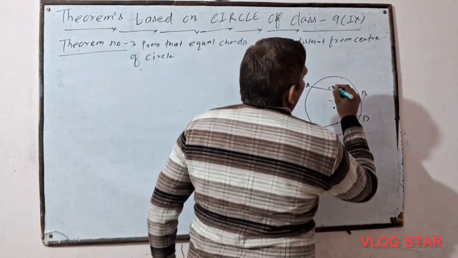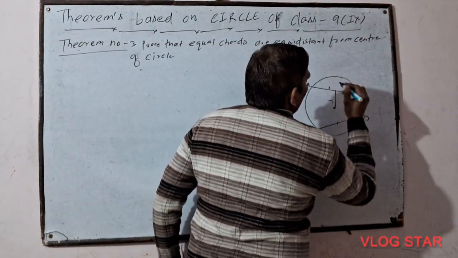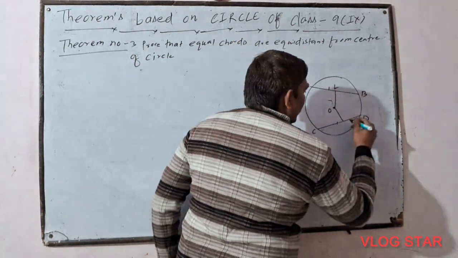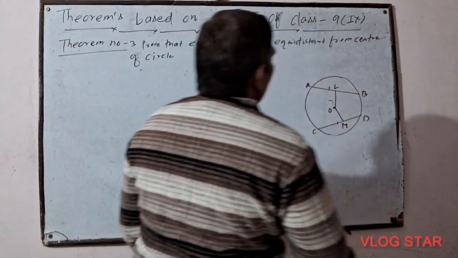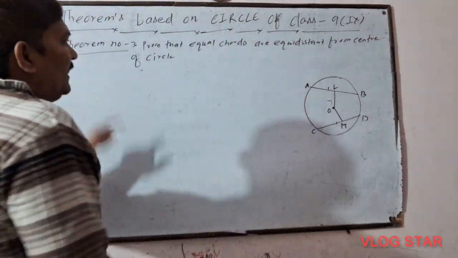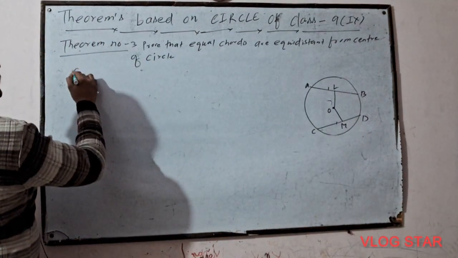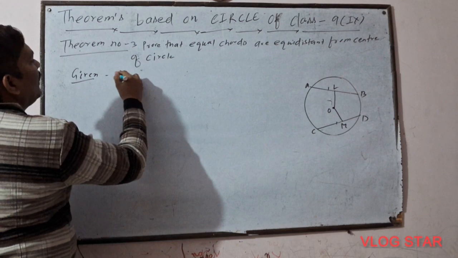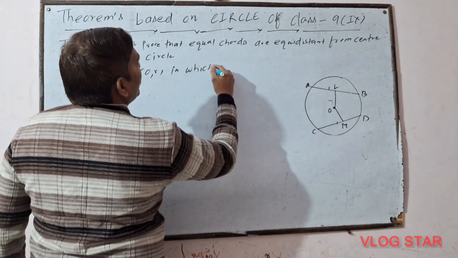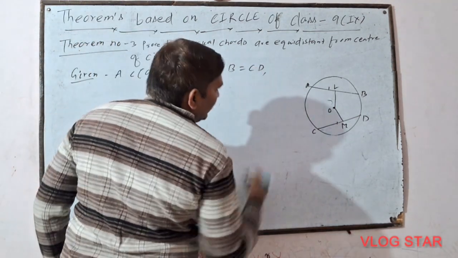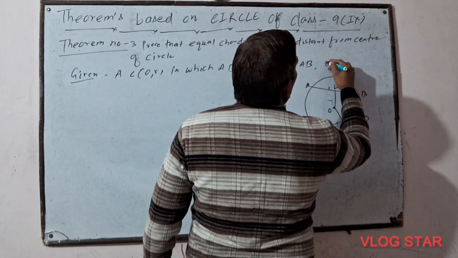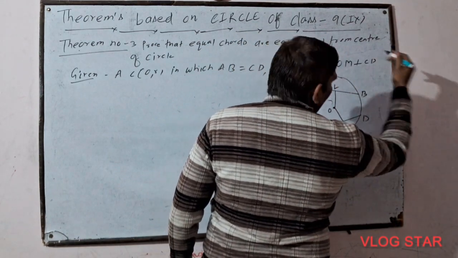Now see here, OL is perpendicular to AB and OM is perpendicular to CD, and we have to prove that OL equals OM. First we write the given, then we see how to prove it. Given: a circle having center O and radius R in which AB equals CD and OL is perpendicular to AB and OM is perpendicular to CD.